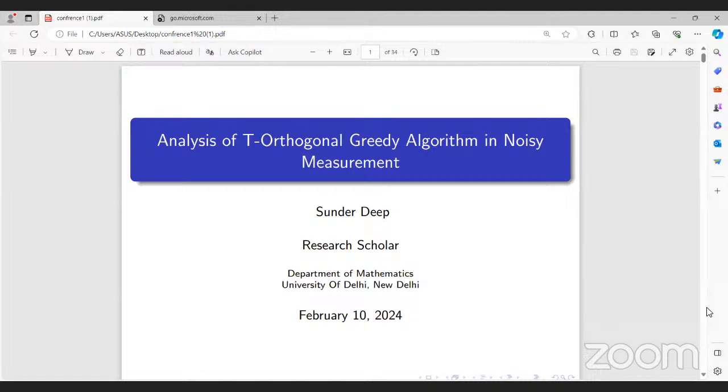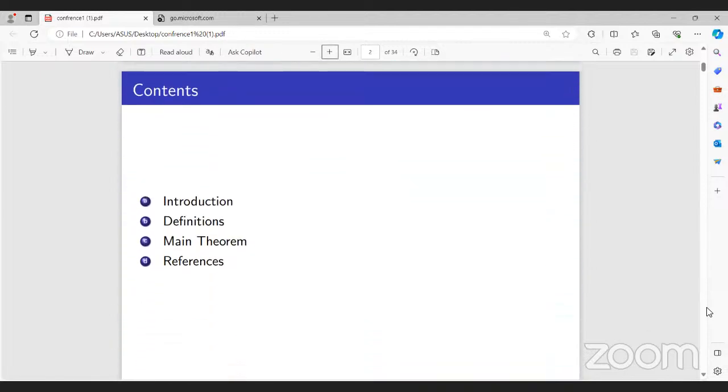This work is done under the joint supervision of Dr. Shiv Kumar Kaushik and Khole Timothy Pomai. In this algorithm, we extend the orthogonal greedy algorithm with the help of Tikhonov regularization.